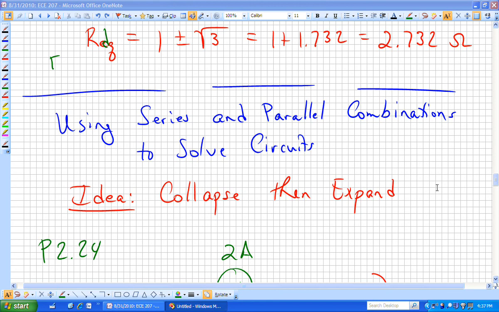If we wanted to write that in standard form, we would have 0 times V sub 1 minus 1 over R sub 4 V sub 2 plus 1 over R sub 4 plus 1 over R sub 5 bar V sub 3 equaling I sub B.